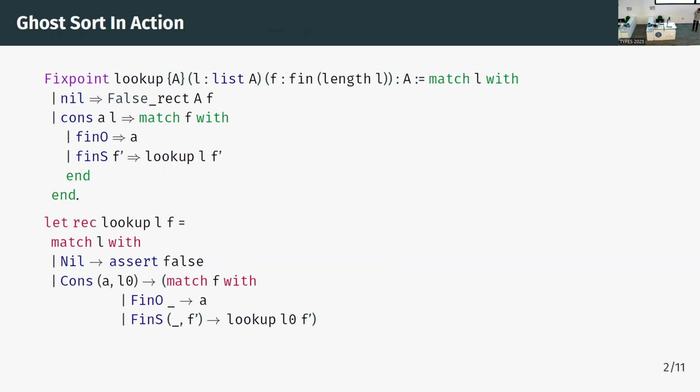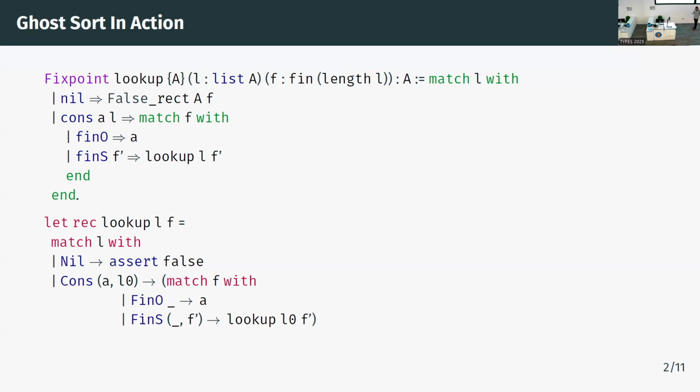But you also have the logical justification using this fin type, which basically says that the index that is given should be lower than the length of the list. And in this case, when you match on the list and you get something empty, then you have a proof that something is lower than 0, which means that it isn't possible, and you discard this dead branch of your code.